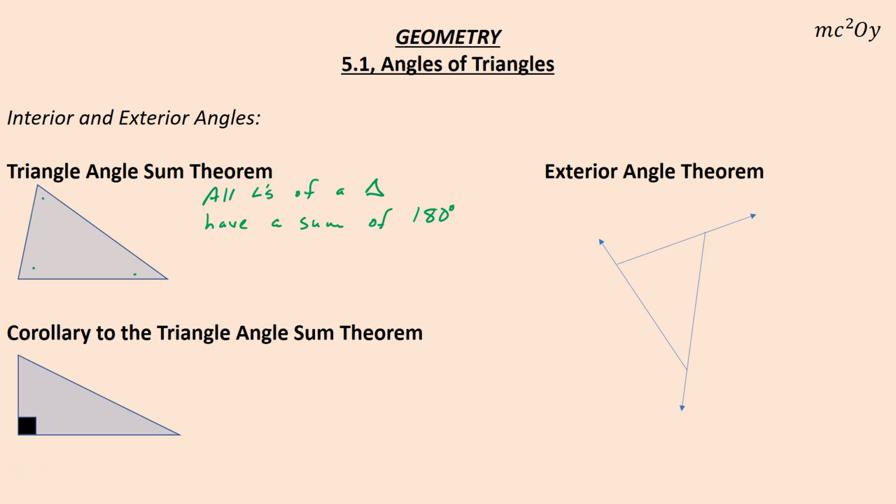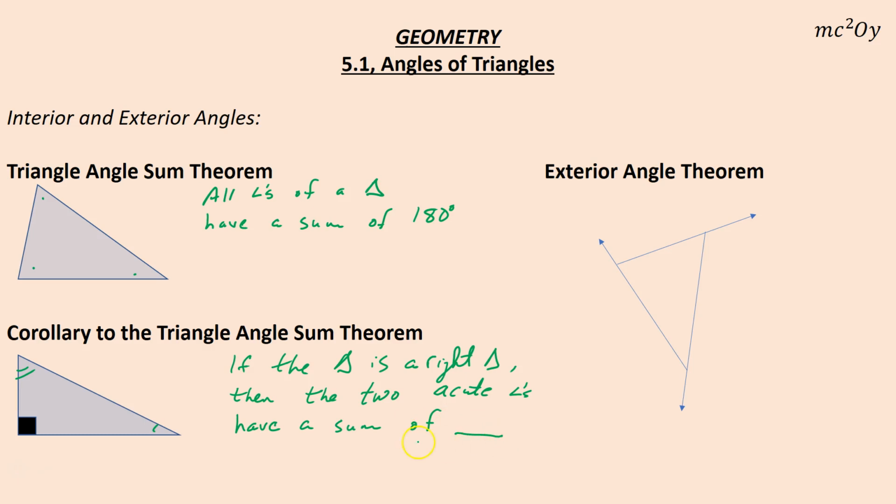Now, the corollary to the triangle angle sum theorem, as I like to say, its cousin, says that if the triangle is a right triangle, then the two acute angles, so we're talking about this angle and this angle, have a sum of, well, if that's 90 and all of them add up to 180, you've already used 90, you only have 90 left for these two.